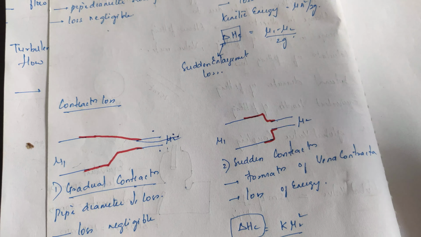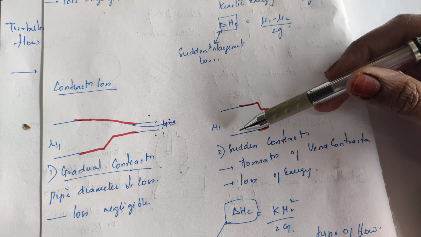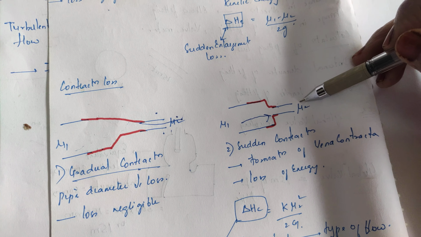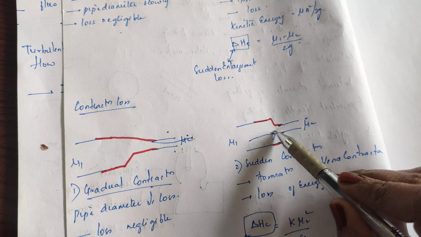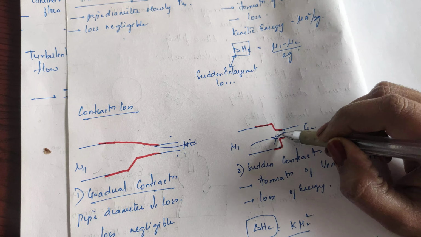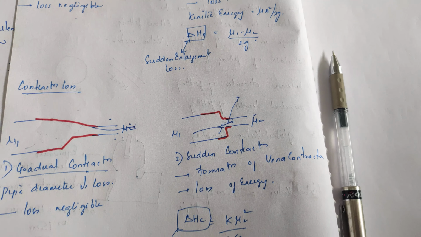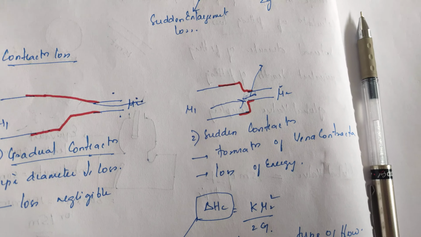But in the case of sudden contraction, that is, fluid coming from a larger diameter pipe suddenly into a smaller diameter pipe, what happens is, due to this contraction of the fluid from the higher diameter pipe to the lower diameter pipe, this contraction is called vena contracta.